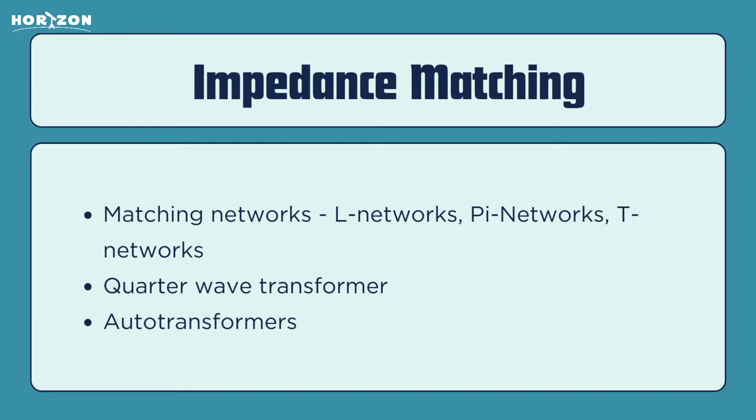This causes it to gradually transform one impedance to the other. An autotransformer is a single coil that, in this case, adjusts the inductance as required to adjust the impedance of the antenna.